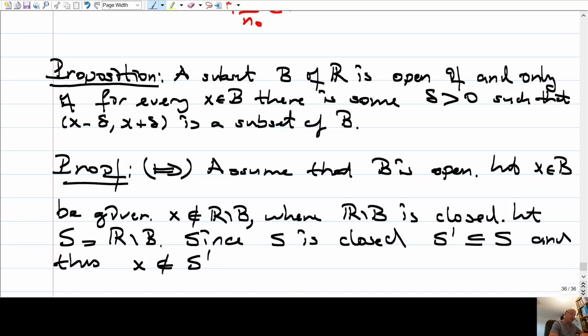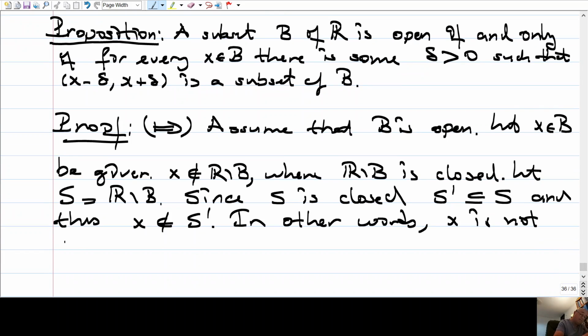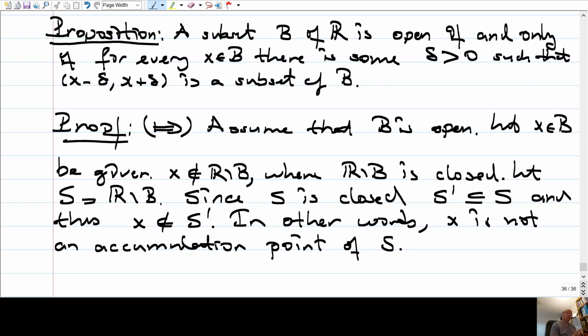Because S prime is contained in S and x is not in S. In other words, x is not an accumulation point of S. Well, if x is not an accumulation point of S, then x is an isolated point of S.